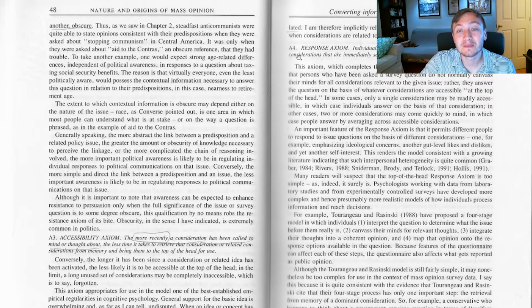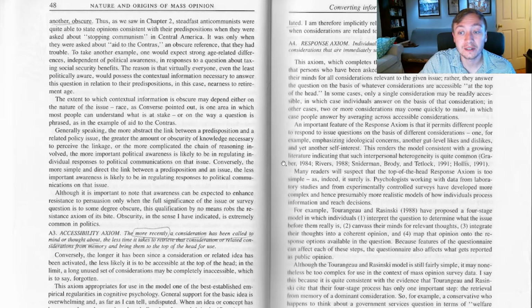If we combine that with what's called the response axiom, which is to say that individuals answer survey questions and by proxy make decisions by averaging across these immediately salient or accessible considerations, this means that basically people scoop off that top layer of basketballs and say, okay, let me count up what I got here, and then report what they find from that sample of idea elements or considerations.